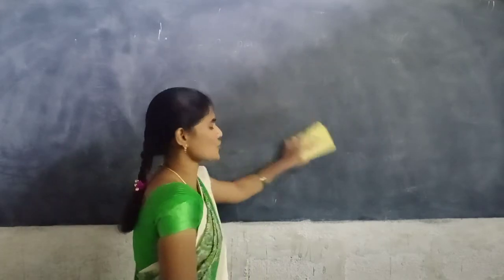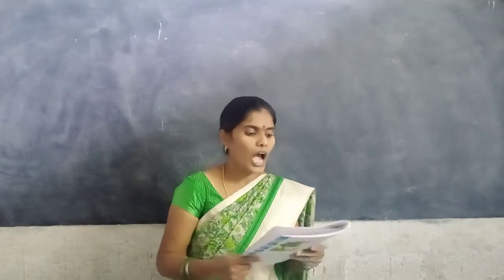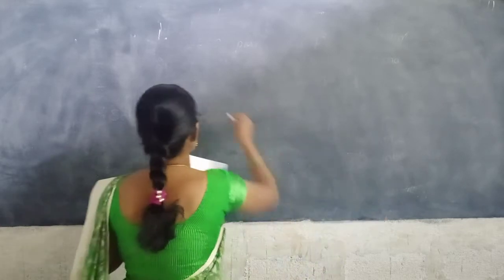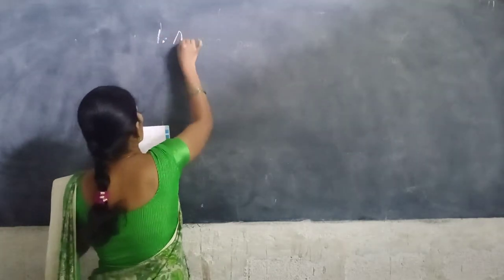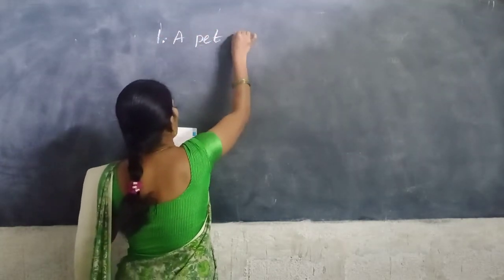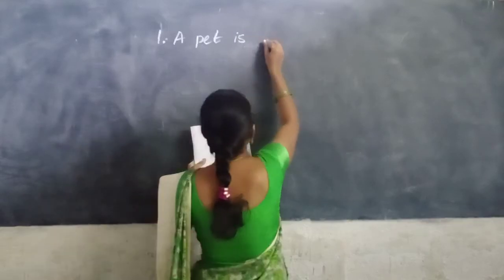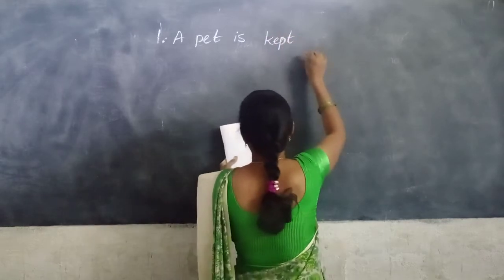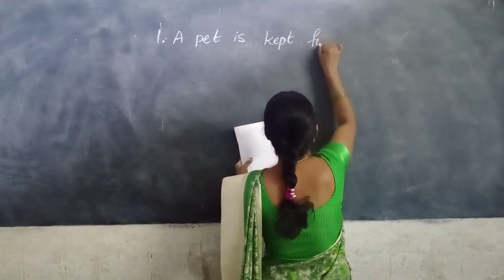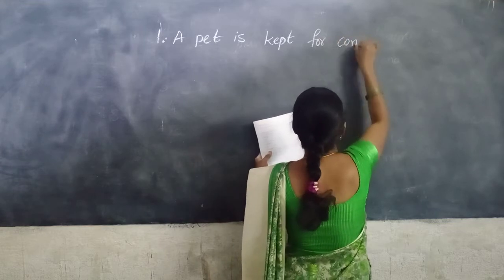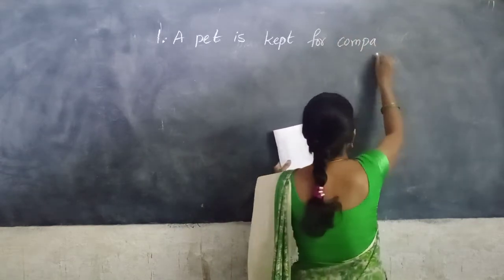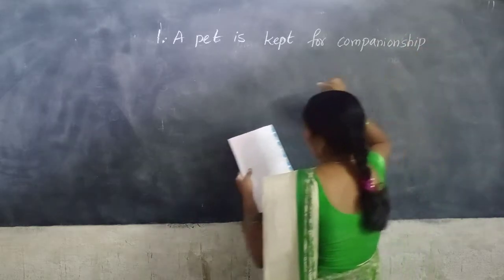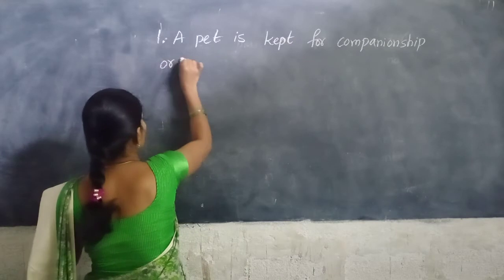Next, answer the following questions. How is a pet animal different from a domestic animal? A pet is kept for companionship or pleasure. Pleasure means happiness.